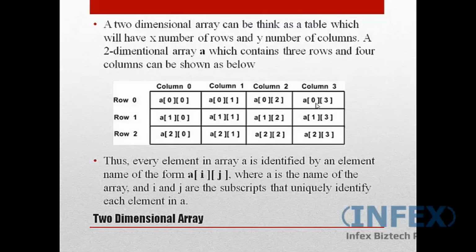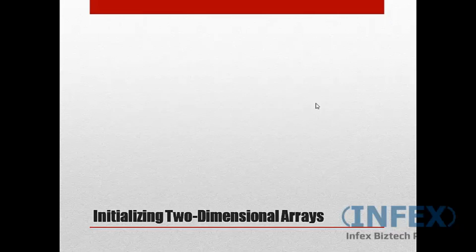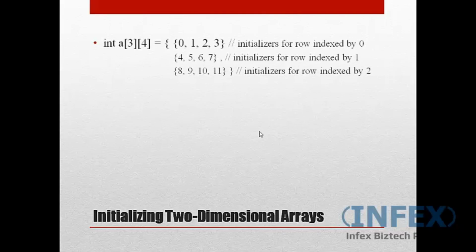Thus every element in array A is identified by an element name of the form A[i][j], where A is the name of the array and i and j are the subscripts that uniquely identify each element in A. Now let's see how to initialize a two-dimensional array.